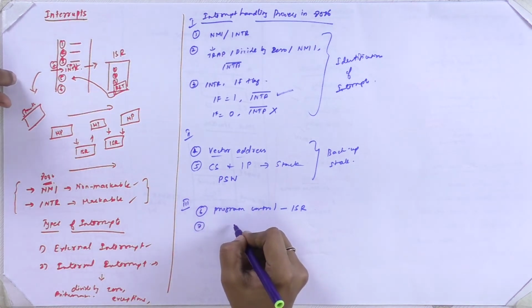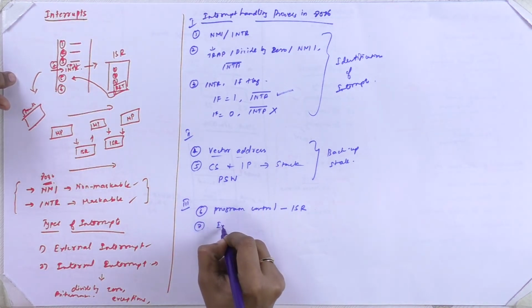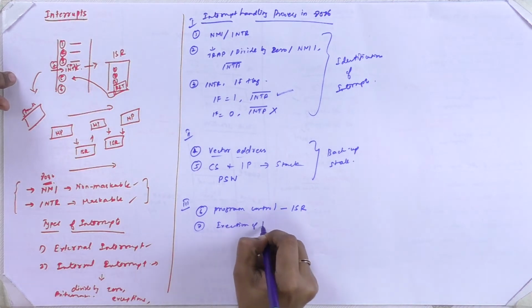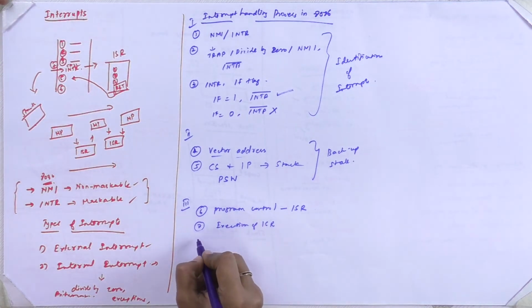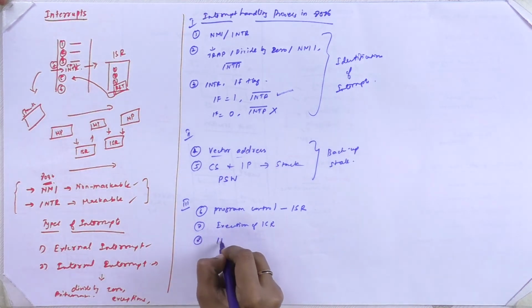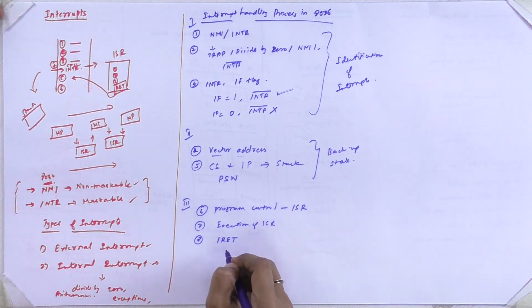Then execution of the ISR happens, and at the end of every ISR there will be an instruction called IRET, which means interrupt return.